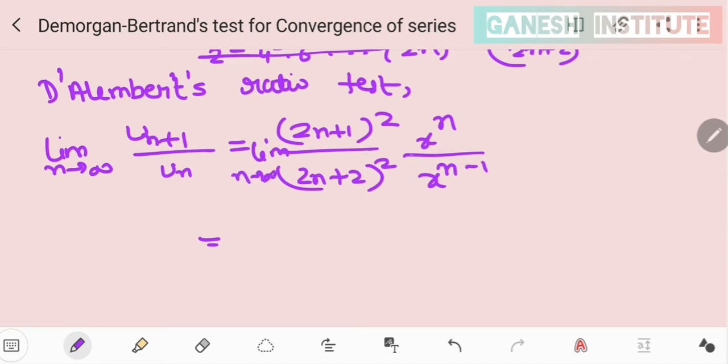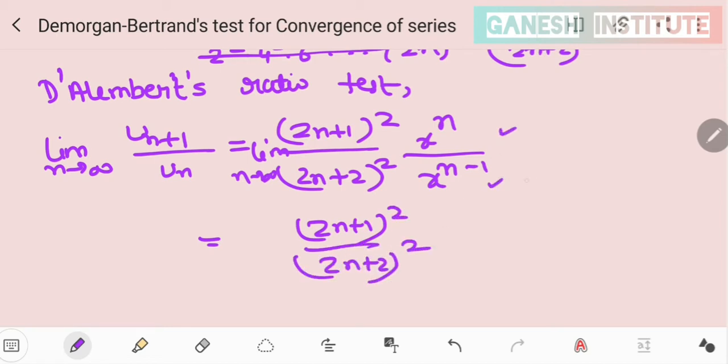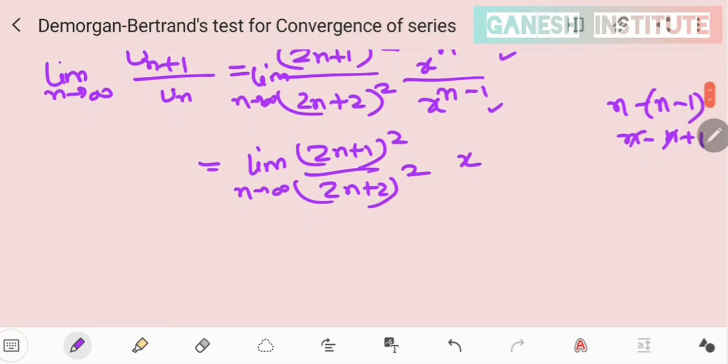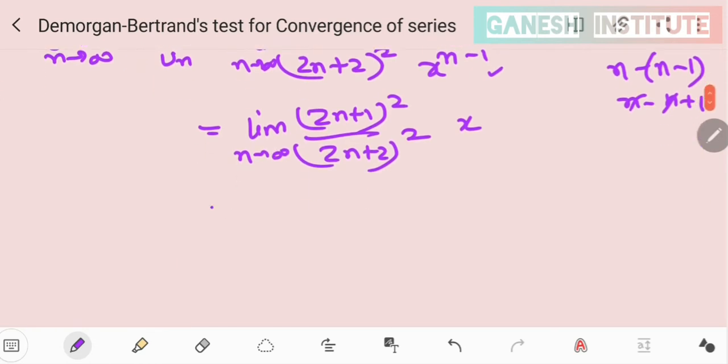So you will see that this will remain as it is, but x in division form, same base, power gets subtracted, so n minus 1 from n leaves only x. What we usually do is take out n.